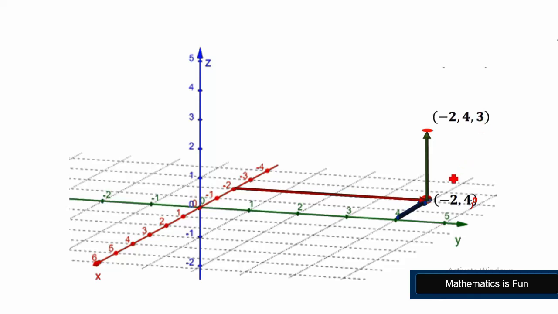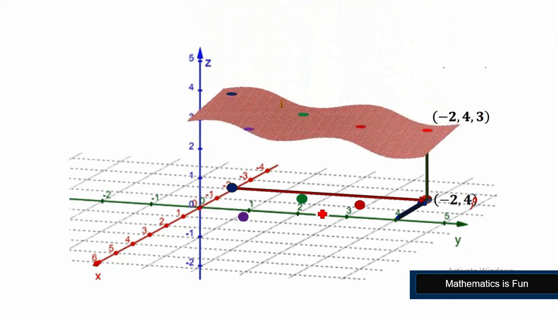So if we have such infinite points on the xy plane and if we take them upward with some different heights, then it combines and makes a surface.